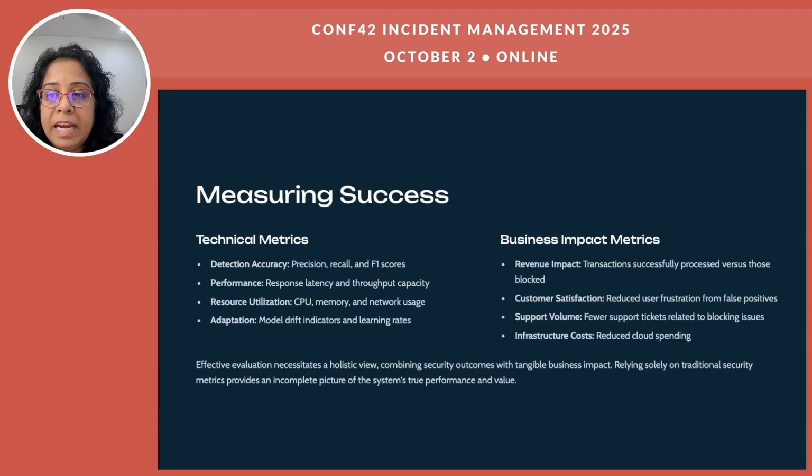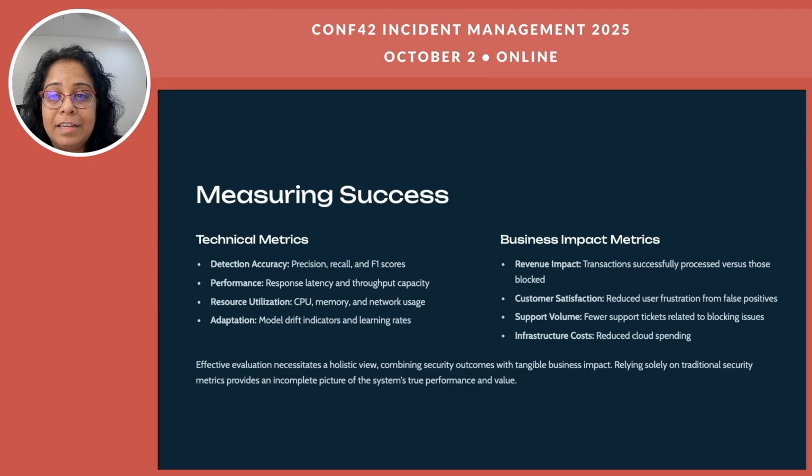Now, let's make this concrete with a real world case study that could be Sarah's success story. A major e-commerce platform was experiencing credential stuffing attacks during peak shopping season. Traditional rate limiting blocked legitimate shoppers, resulting in sales losses estimated to be 2 million annually.